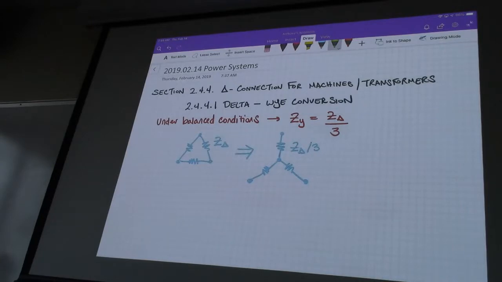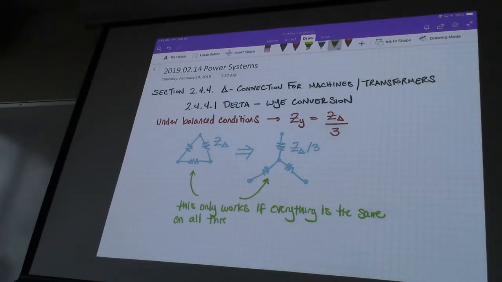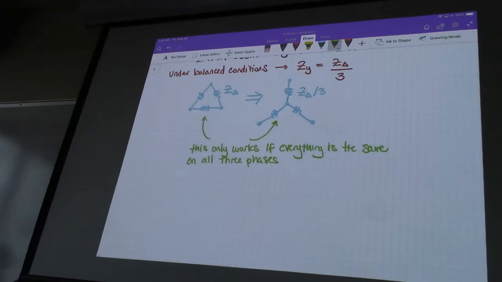Now, this only works if everything's the same in all 3 phases.